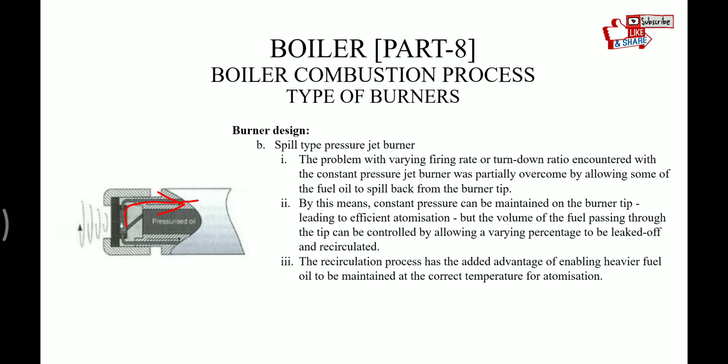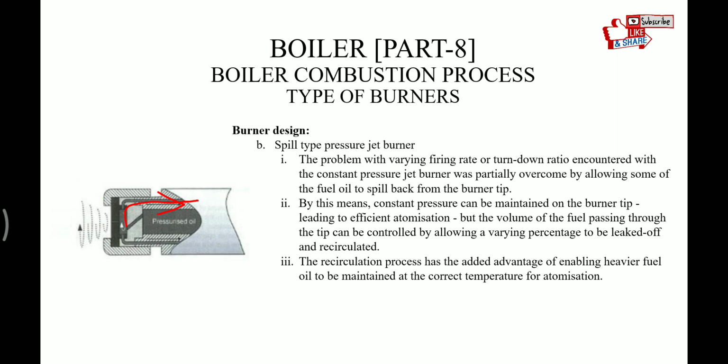So let's see. The problem with the varying firing rate or turn down ratio encountered with a constant pressure jet burner was partially overcome by allowing some of the fuel oil to spill back from the burner tip.